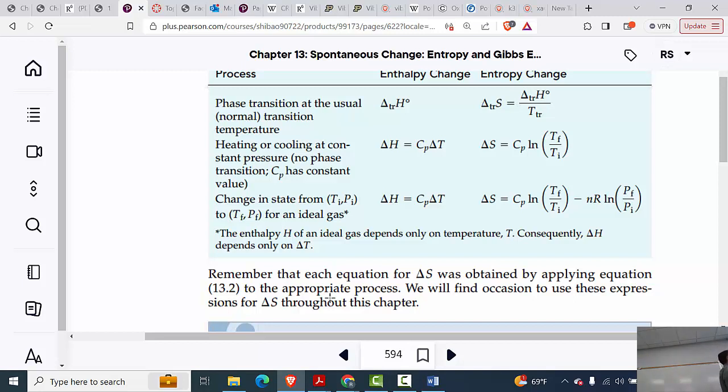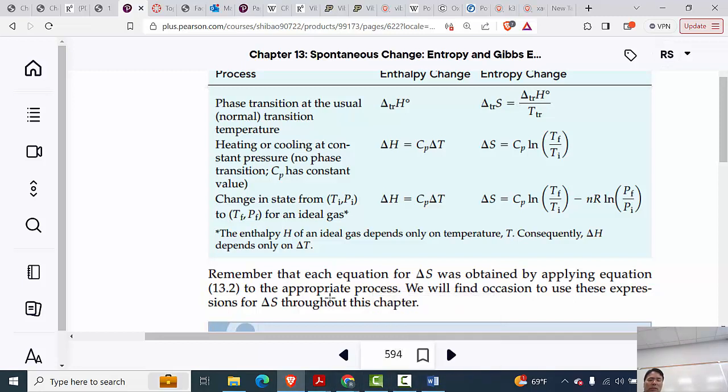And so what we're going to assume is that the heat capacity doesn't change with temperature, but that change with temperature was what we were using to determine experimentally what the absolute entropies were. So that's delta S in a temperature change.